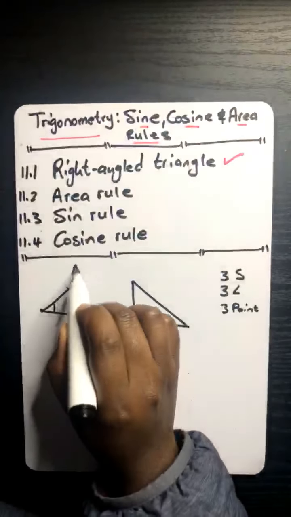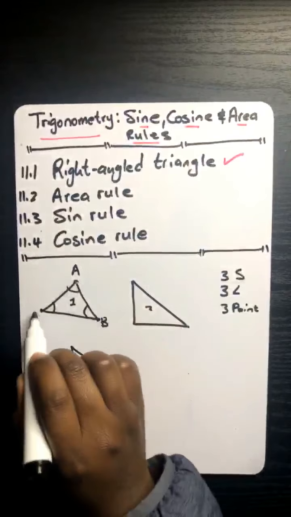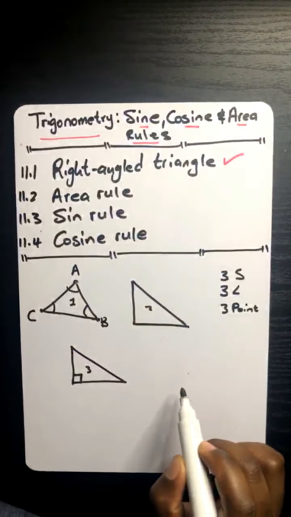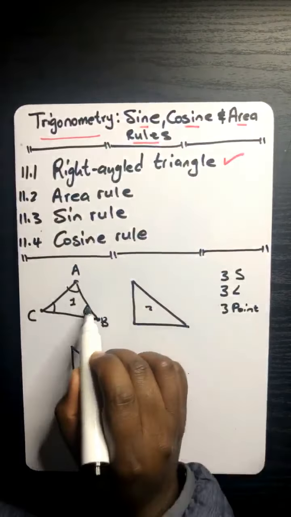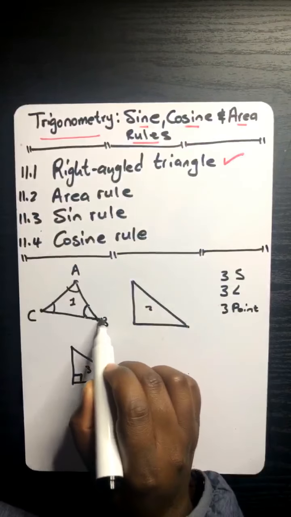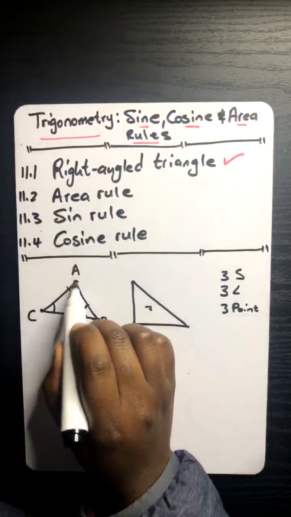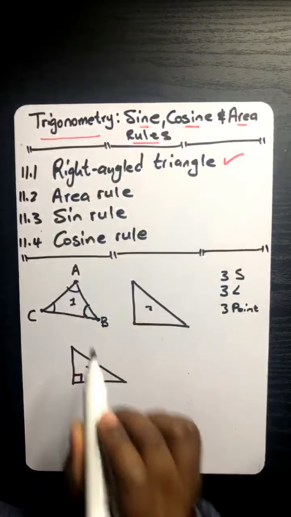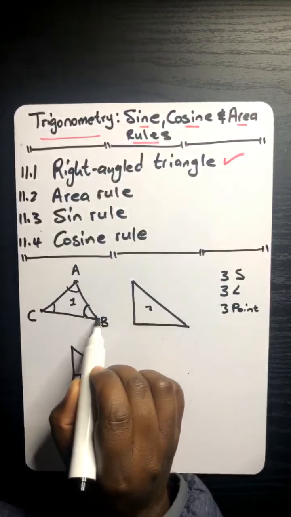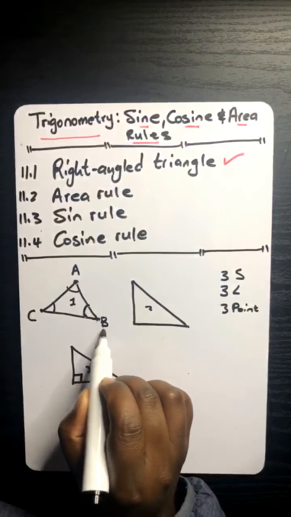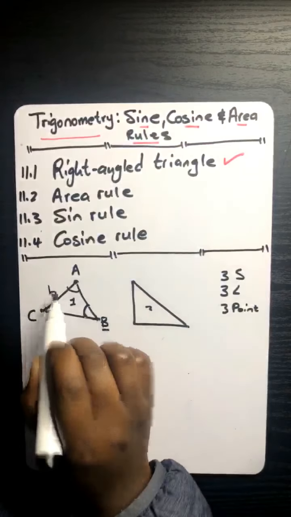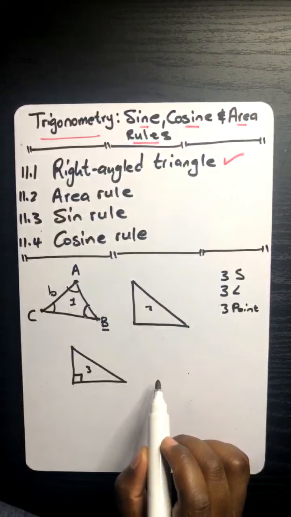So if that point is A, this is B, this is C. It simply means that the angle there is the angle for point B, the angle there is the angle for point C, and the angle there is the angle for point A. The side opposite to this angle is that same letter but in small letter. Very much important, ladies and gentlemen.